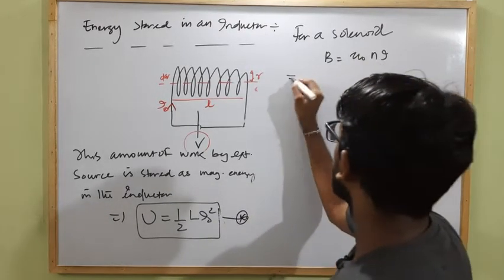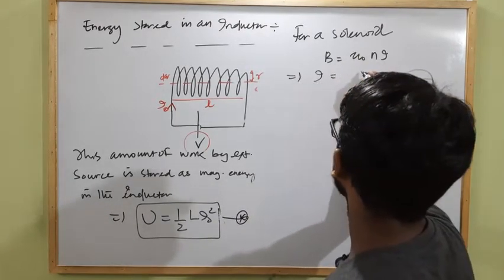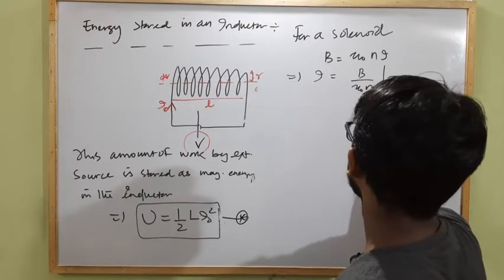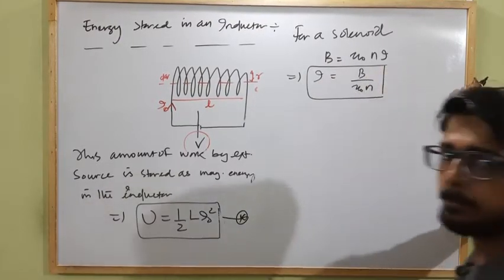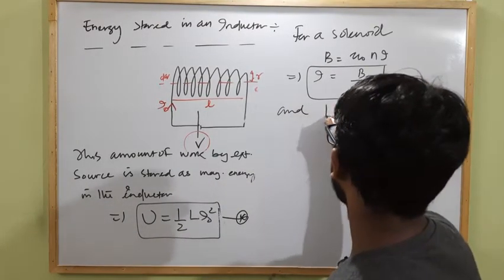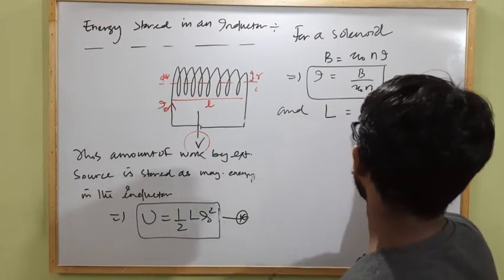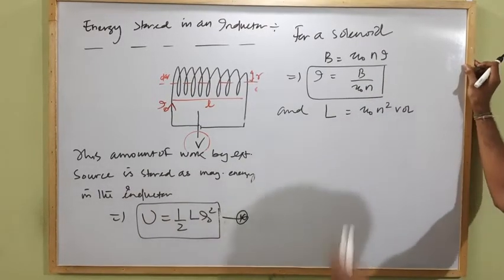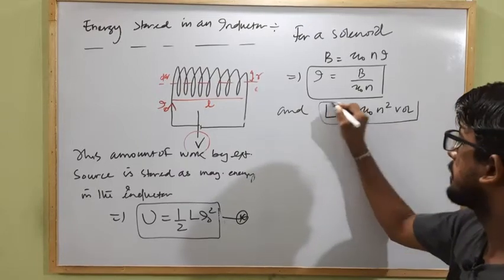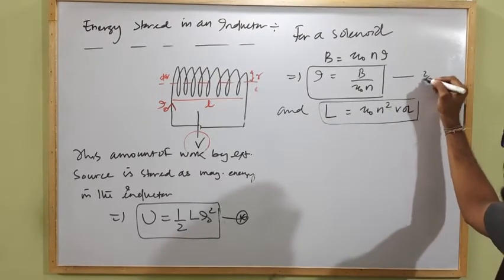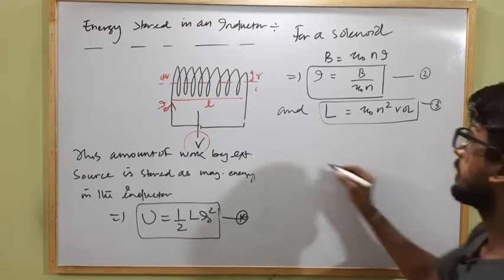So from this we will get I for a solenoid equal to B divided by mu naught n. Okay, and the self inductance of a solenoid L equal to mu naught n square into volume. This is the self inductance of a solenoid. Clear? So let it be equation 3.